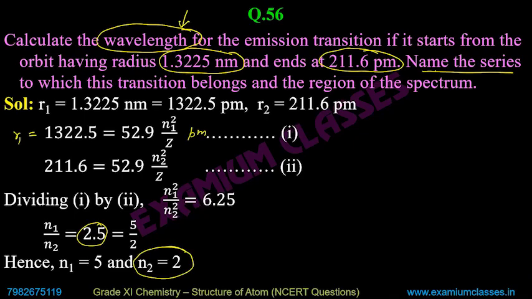Because transition will always be from higher energy state to lower energy state. So series is always defined by the lower orbit, not the higher orbit. For example, Balmer series, all transitions from higher orbit to n equals 2. Paschen, n equals 3, like that.